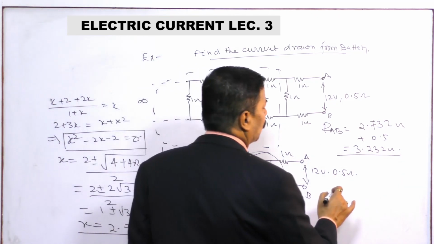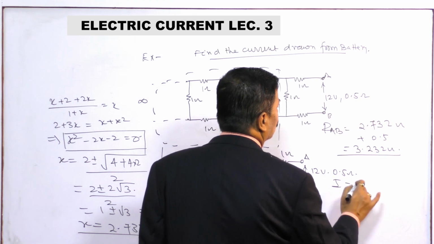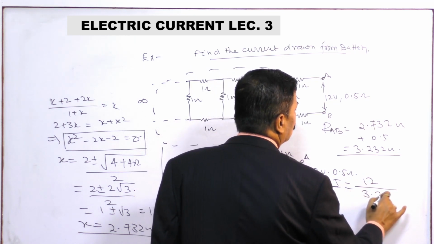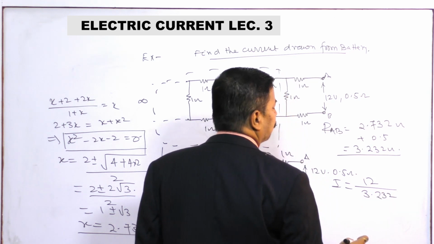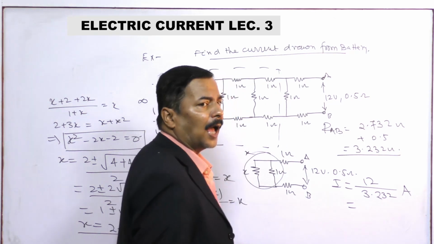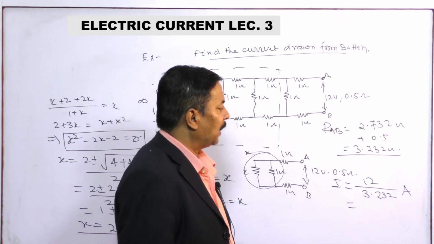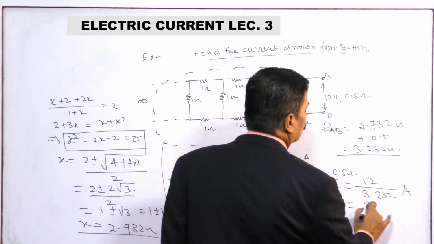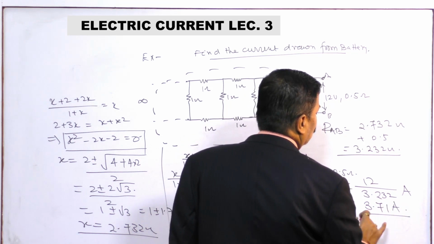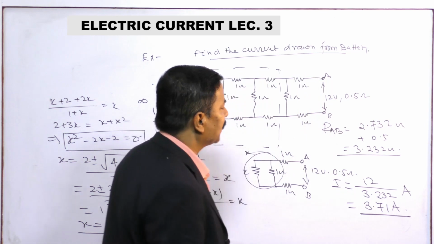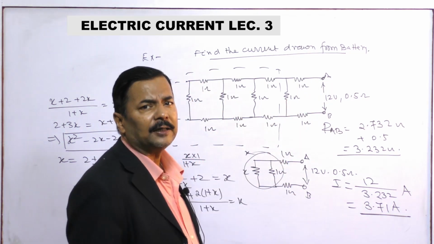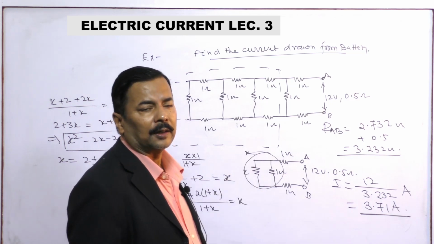So I is equal to how much? I is equal to V, 12, by 3.232 ampere, and this will give you 3.71 ampere. So 3.71 ampere is the current drawn from the battery by this infinite network.